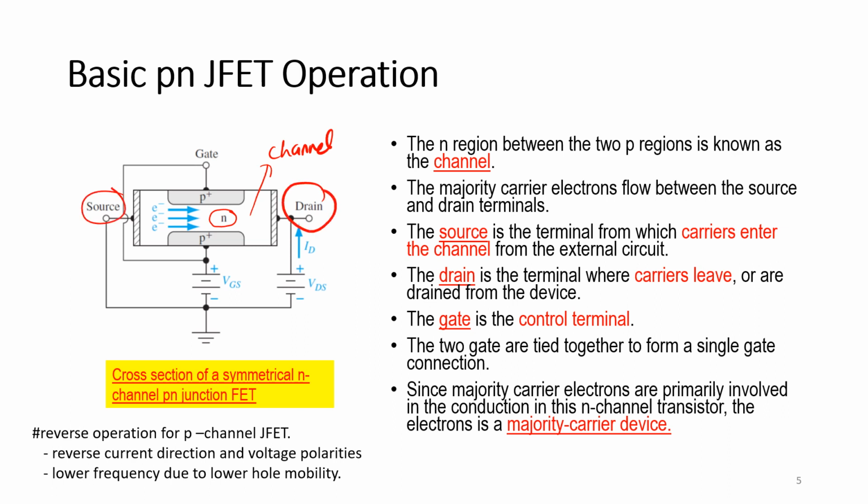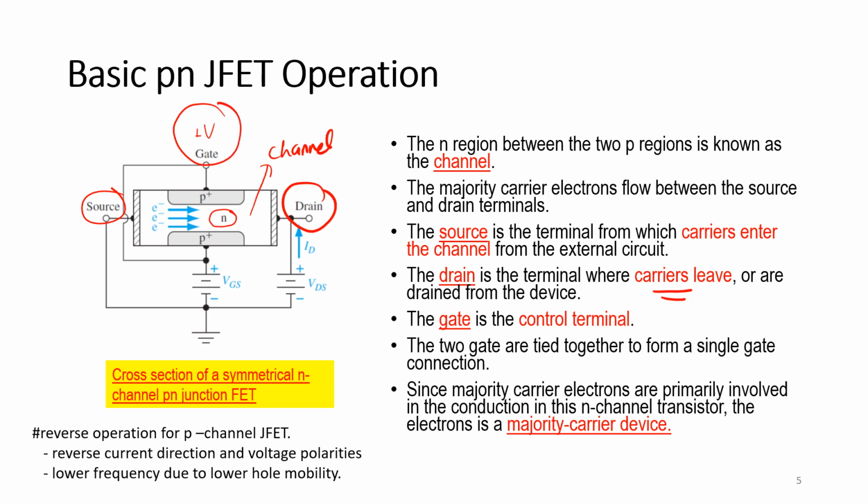The source is the terminal from which carriers enter the channel from the external circuit. When voltage is applied, the carriers enter the channel from source to drain. The drain is the terminal where the carriers leave the device. The gate is the one that controls the current.